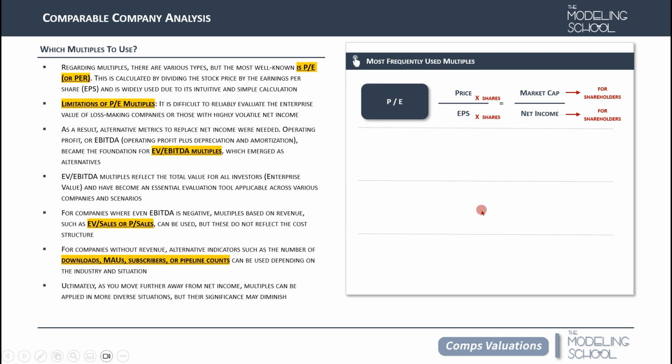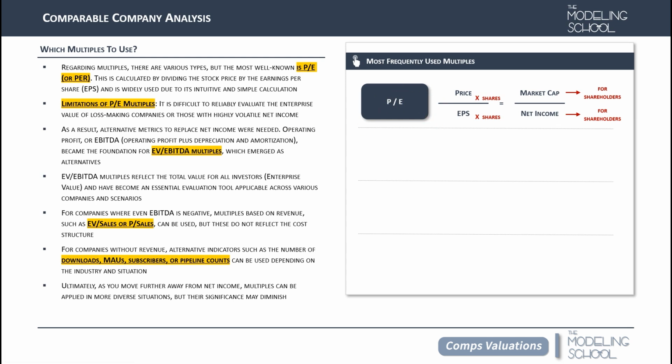So it includes many one-off events, and also tax changes, things like those. It results in significant fluctuations. So depending on the timing of the analysis, the PE multiple can be very volatile, and this really undermines the reliability of the PE multiple.